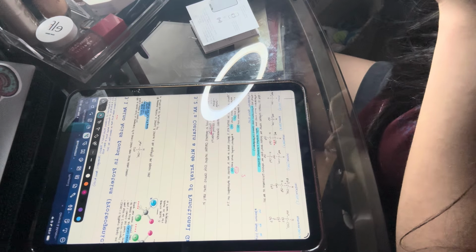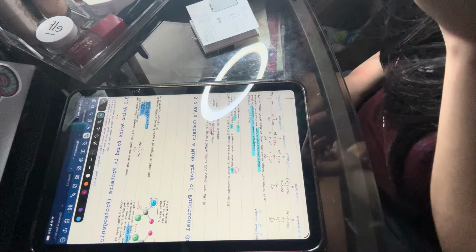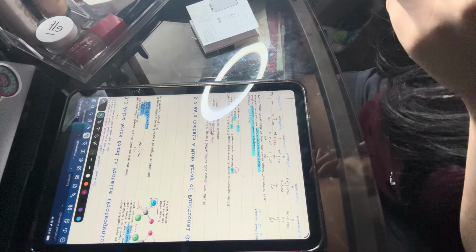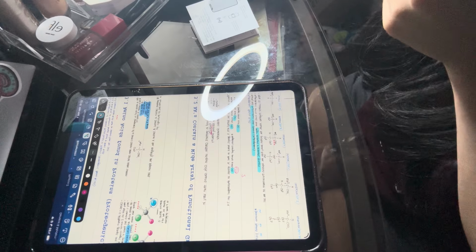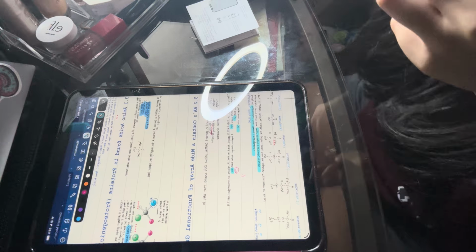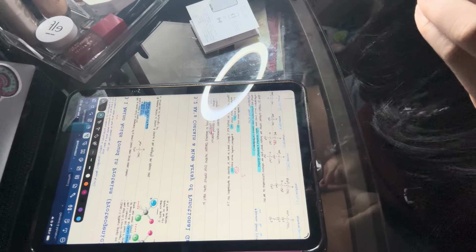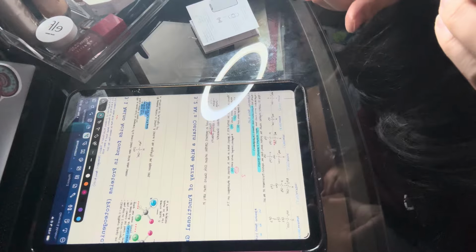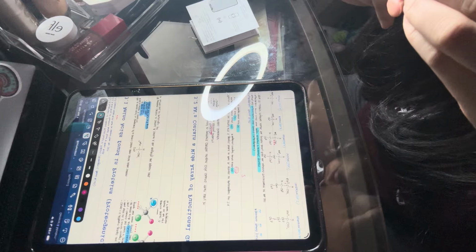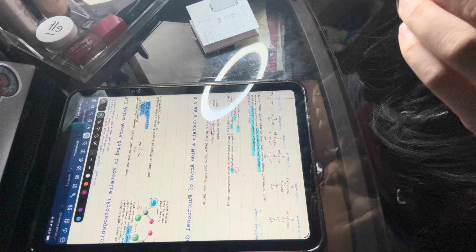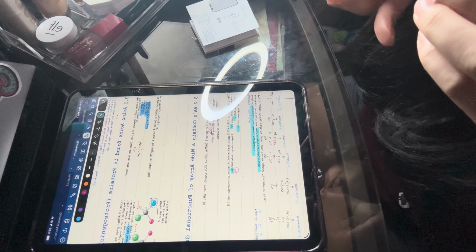The amino acids can be sorted into 4 groups. Let's break it down. Hydrophobic amino acids, there are 9 of those. Polar amino acids, there are 6 of those. Positively charged amino acids, there are 3 of those.